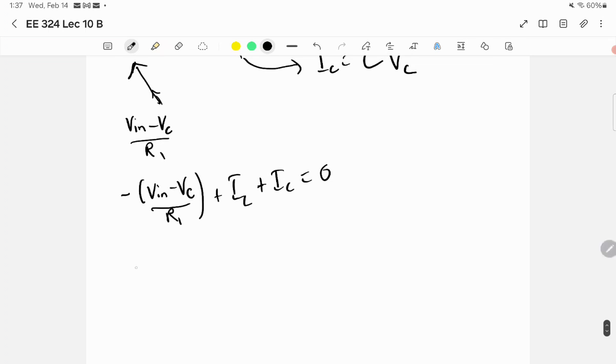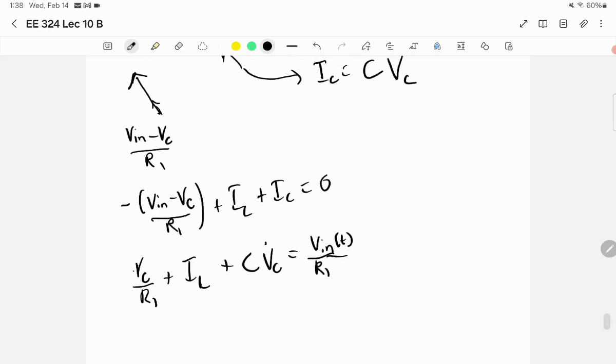So now I'm going to get minus V. I'm going to actually write it over this way. So it's going to be Vc over R1 plus IL plus C Vc dot equal to Vn over R1.